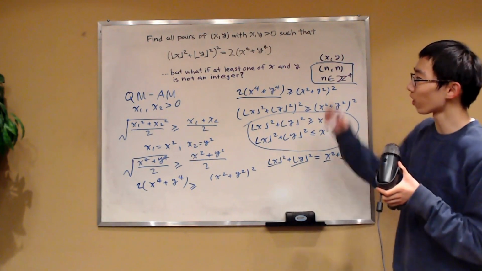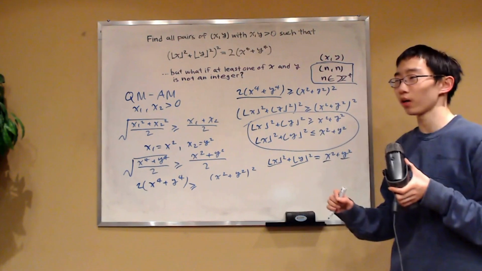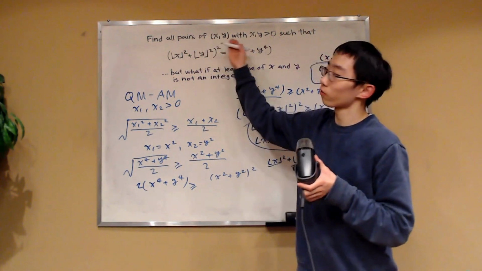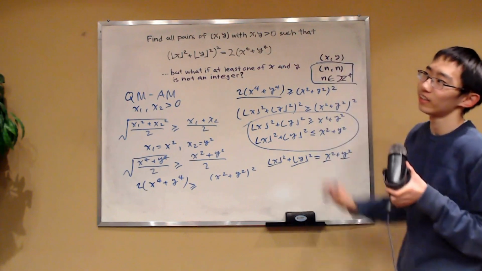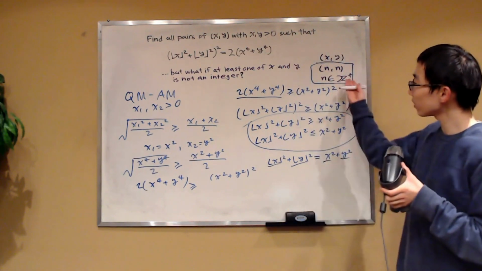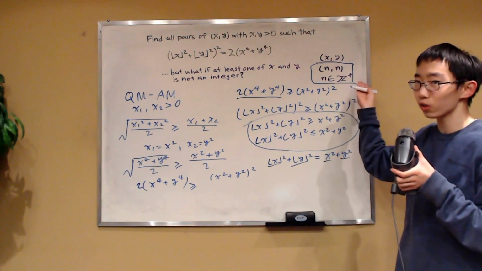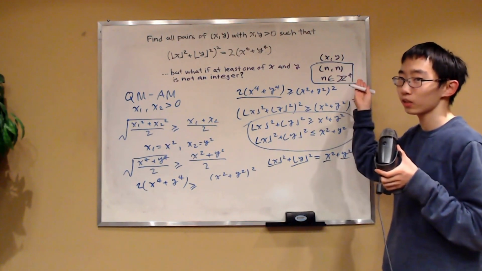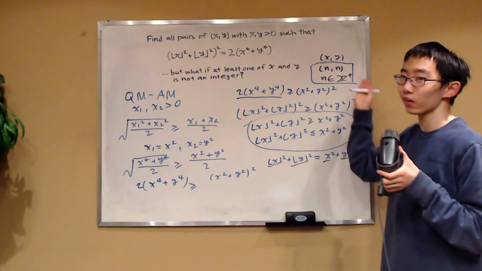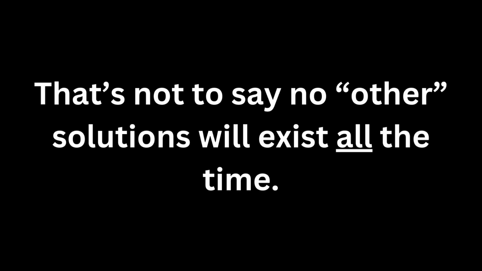Oftentimes, a lot of hard problems like this, especially ones involving find all whatever satisfying whatever, will often have very simple answers, very simple solutions, and they come from very simple cases. But the work to prove that they're the only ones is challenging.